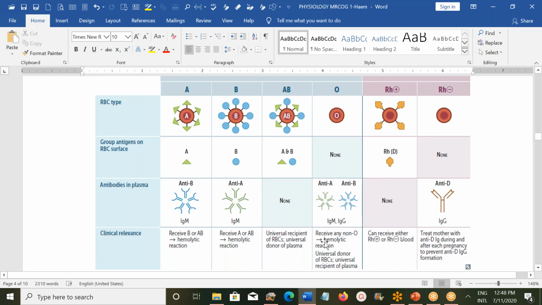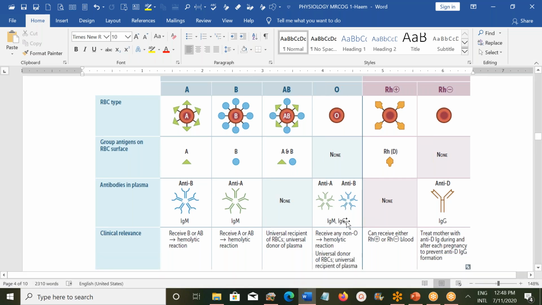Now think about the blood group O. Blood group O, it will receive any blood which is non-O group. Then what will happen? It has antibodies against group A, group B. So if you give them group A, group B, or AB blood, then they're going to show the hemolytic reaction.